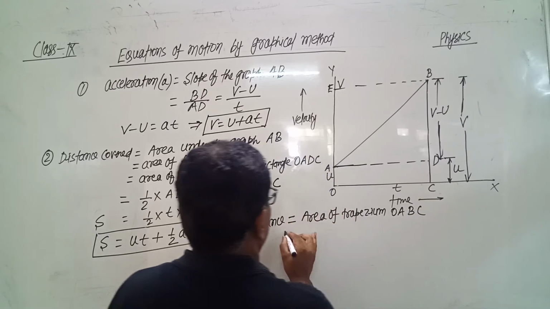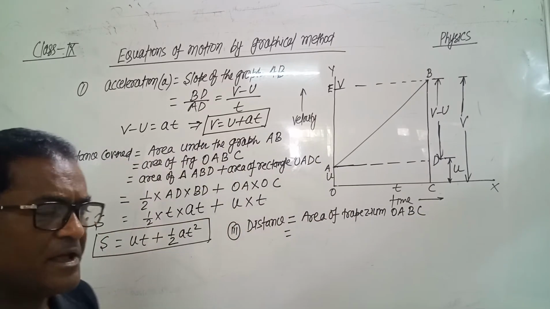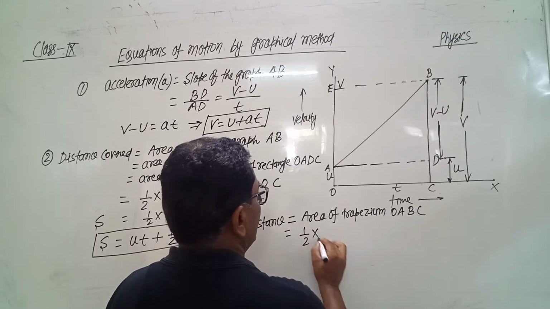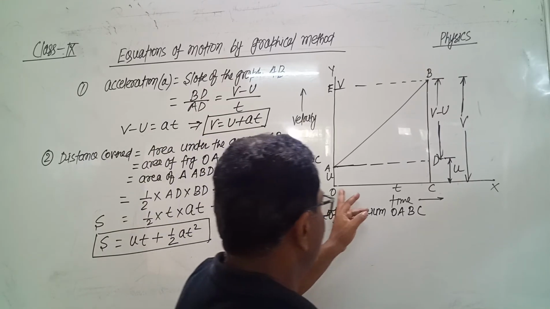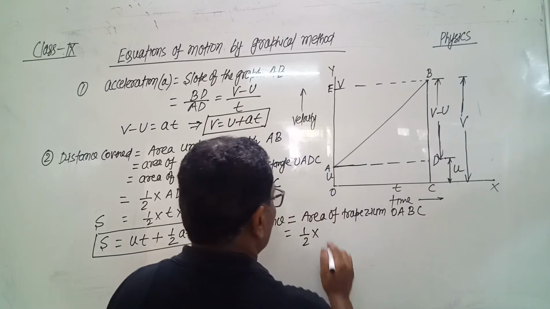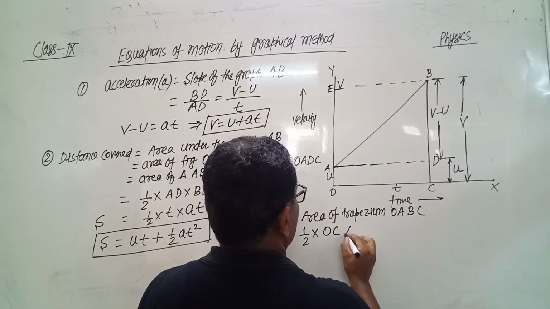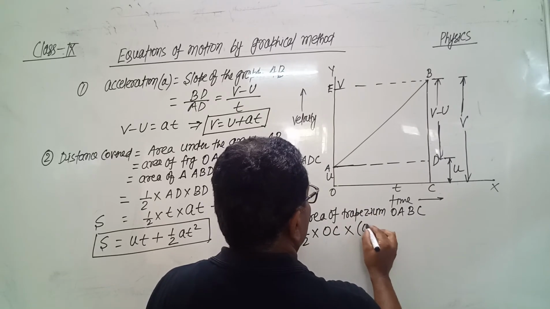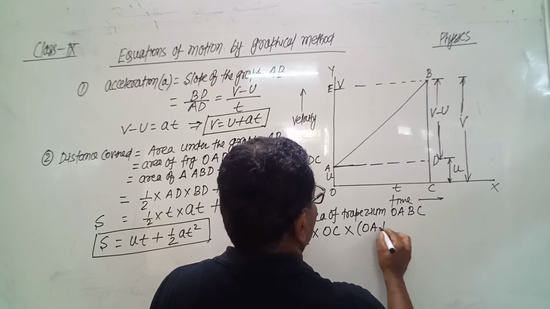The formula for the area of a trapezium is 1 by 2 into height into the sum of parallel sides. The height is OC, and the sum of parallel sides means OA plus BC.